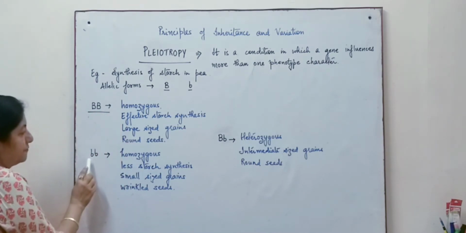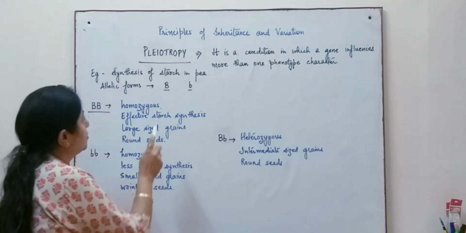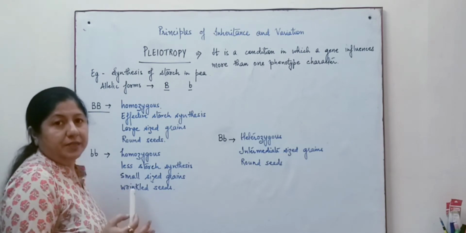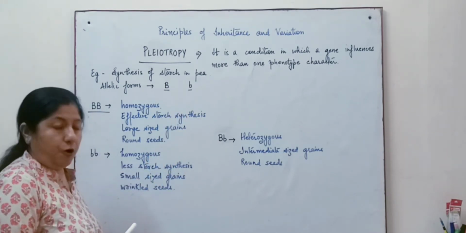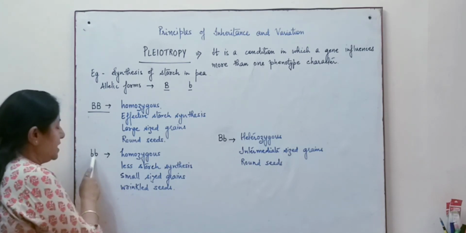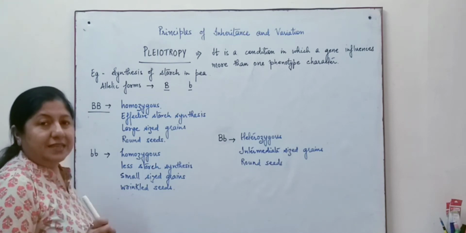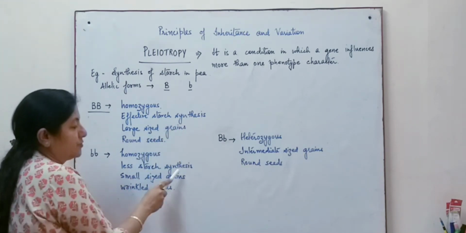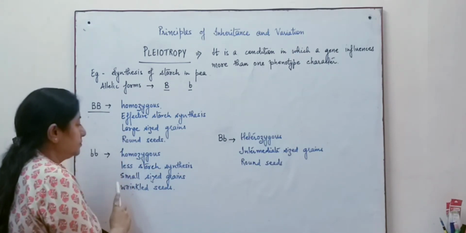However, if the small b pair, that is again the allelic pair, are the same, and we know that capital B is representing the dominant and the small b is representing the recessive allelic form, then it is again homozygous and it had less starch synthesis or less starch production as compared to that with homozygous capital B condition.